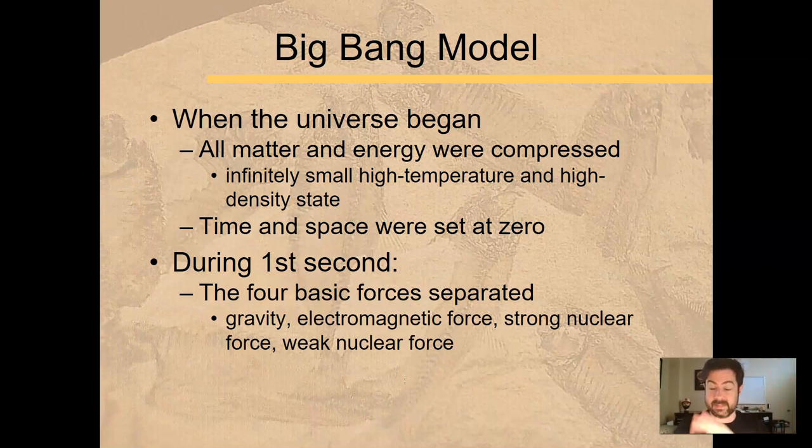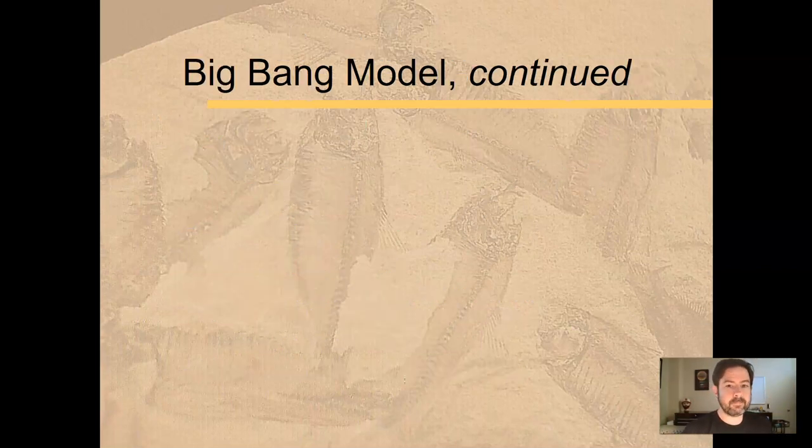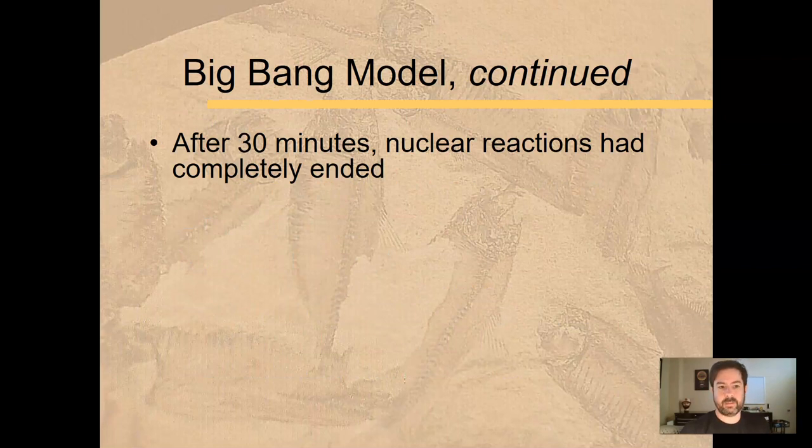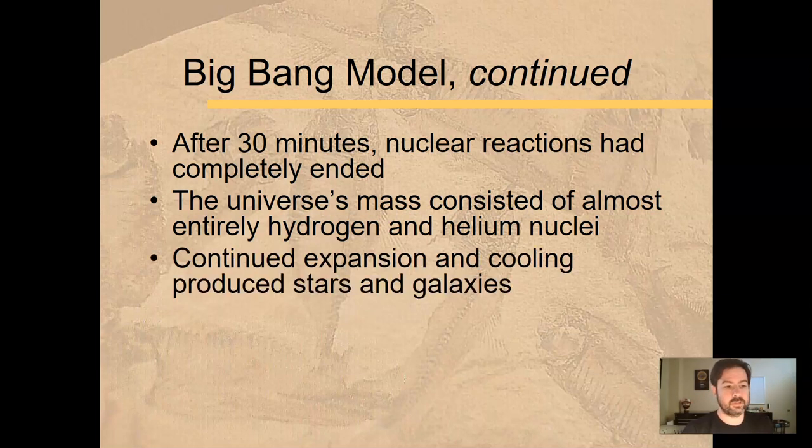More on that in physics and chemistry if you ever need to take it. Then an enormous expansion occurred. About 30 minutes after the Big Bang, nuclear reactions had completely ended and things began to be as they were. The universe's mass consisted almost solely of hydrogen and helium nuclei, just the nucleus, not necessarily the electron parts, so just the nuclei.